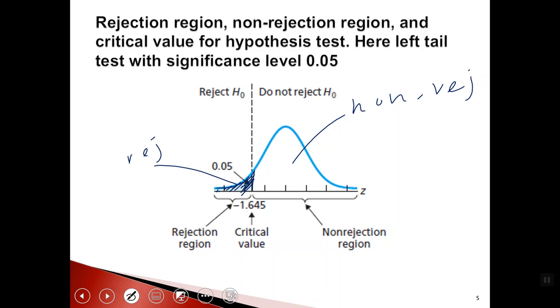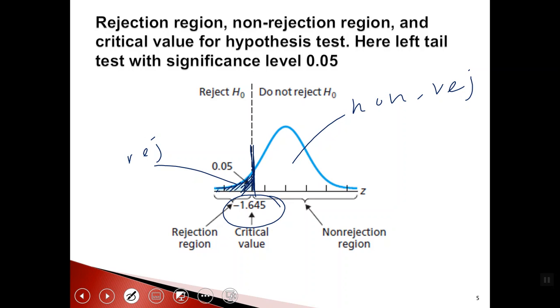So what is the critical value? Critical value is the value belonging to the test statistic which separates the rejection region and non-rejection region. See this value here. This is the limit which separates the rejection region and non-rejection region. Now I think you are clear on what the rejection region, non-rejection region, and critical value are.